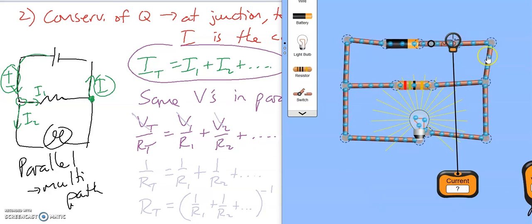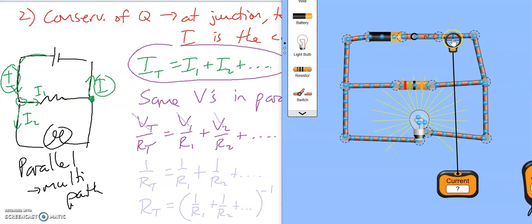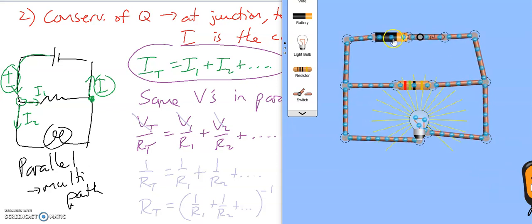Now I'm going to explain why the voltages are the same everywhere. If you go back to Kirchhoff's first rule, it said when you go around, you have to lose all your energy. Well, I believe this was a 9 volt cell. So these electrons are getting 9 volts of energy. As they come around, they don't go through both of them.